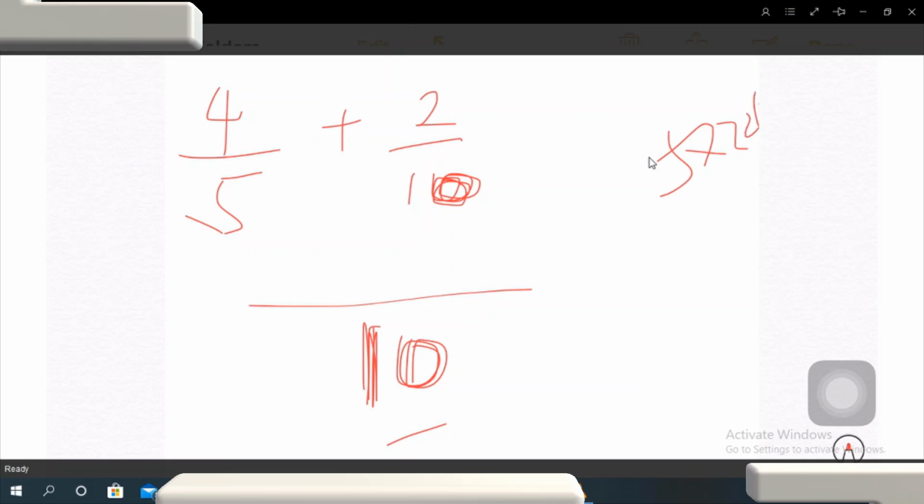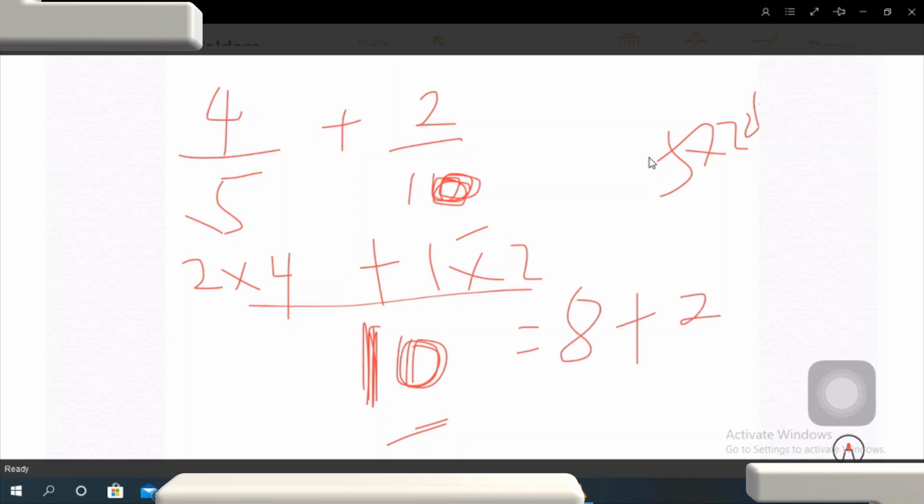Don't forget the game we played on multiplication fact. So 5 goes into 10 2 times. So 2 times 4 plus 10 goes into 10 how many times? 1. So 1 times 2. So this gives us 2 times 4 is 8 plus 2 over 10, which is equal to 10 over 10, which is equal to 1.